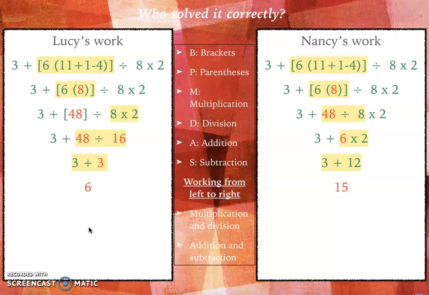Now what they did was they multiplied 6 times 8. And I want you to remember, why would they multiply these two numbers if there's no multiplication sign in the middle?